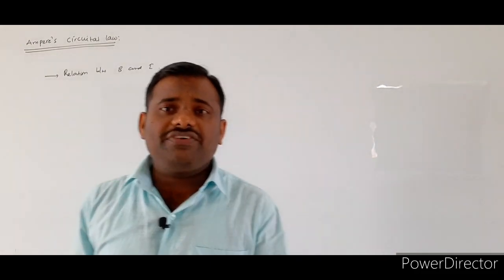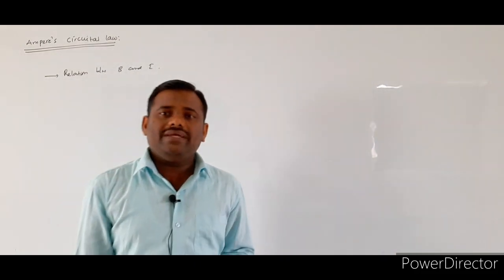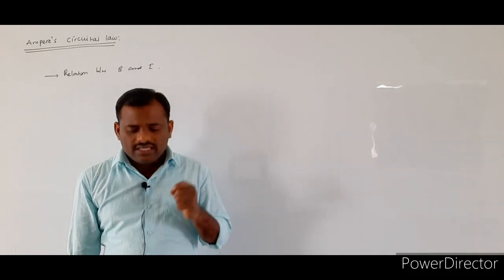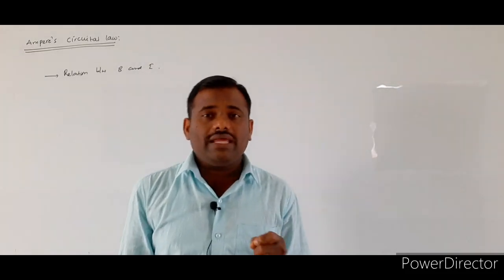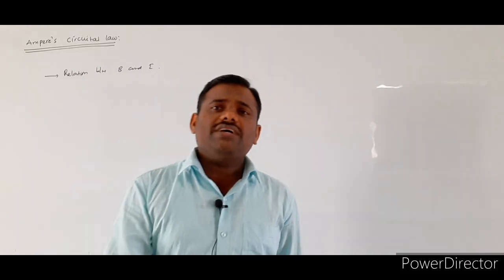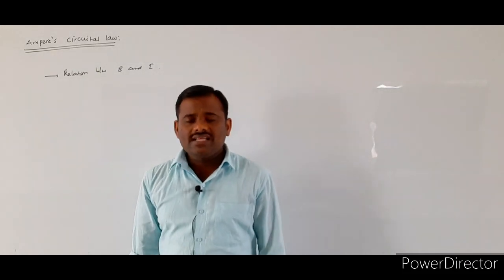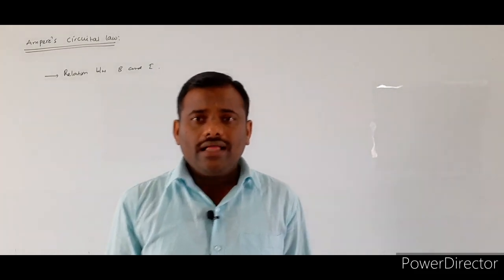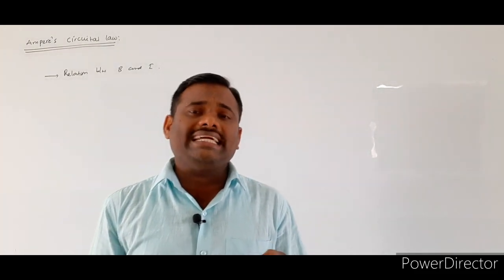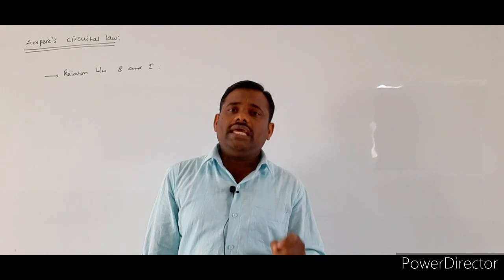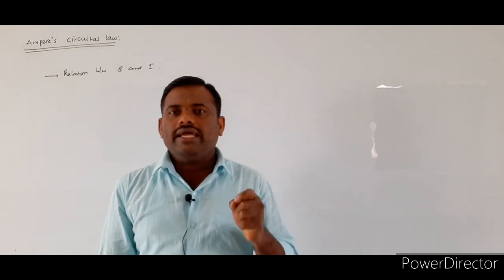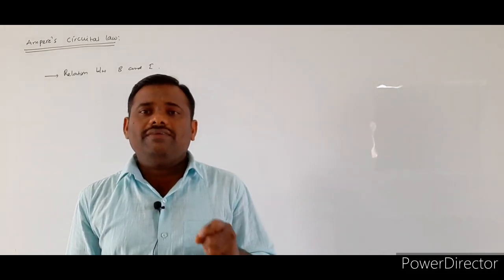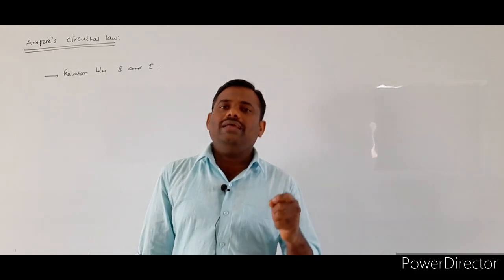So what is the definition of Ampere's circuital law? The definition is very important. The definition of Ampere's circuital law is: the line integral of the magnetic field along any closed path in a given vacuum or air medium.